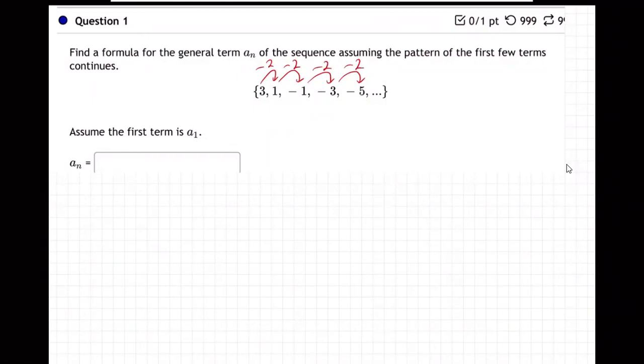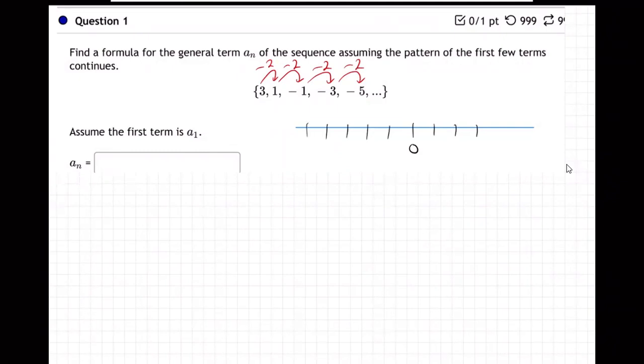See how it's going down by 2 each time? It's just going down by 2 every time, right? 3 goes down by 2 is 1, goes down by 2 is -1, down by 2 is -3. If you wanted to look at a number line, here's a number line, and I put 0 right here, and this would be 1, 2, 3, -1, -2, -3, -4, -5.